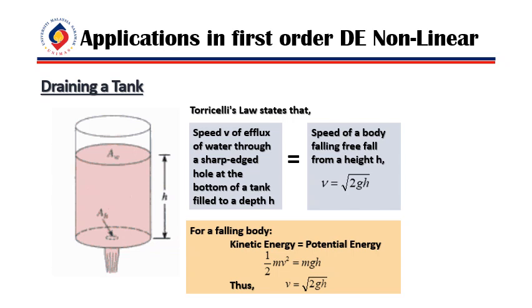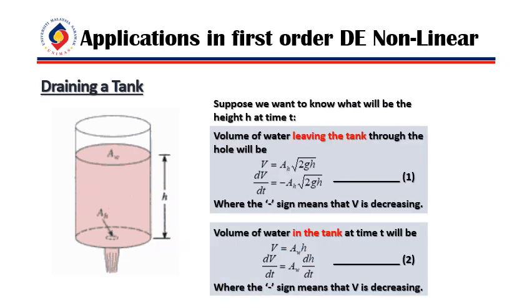There are many variables involved in this problem, where A sub h is the surface area of the drain. Suppose we want to know what the height will be at time t. Here capital V is volume.